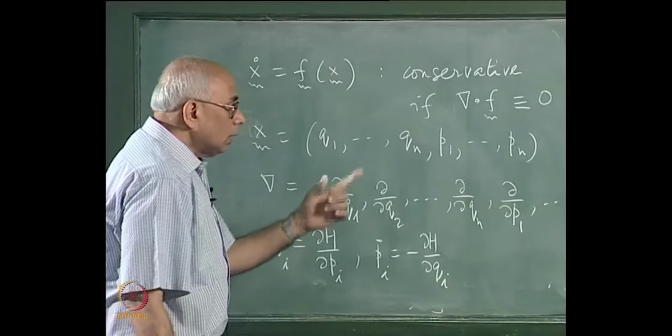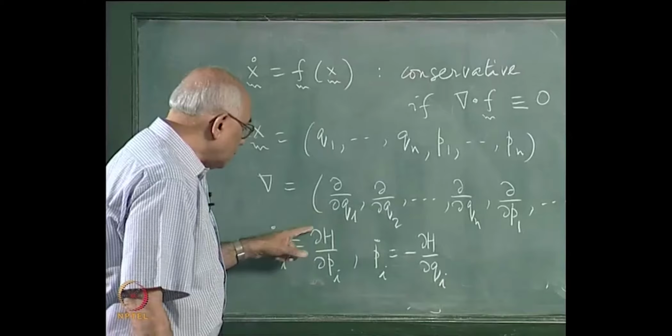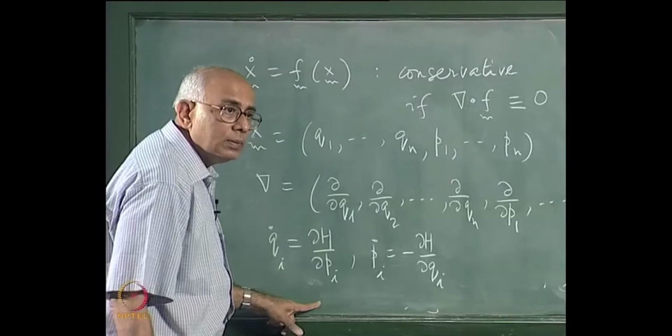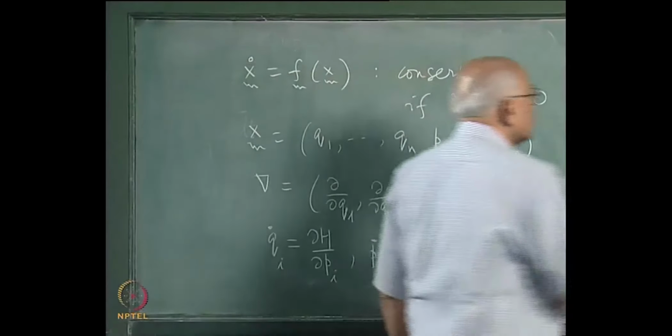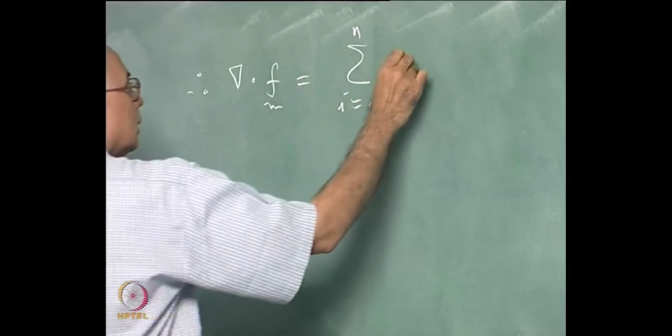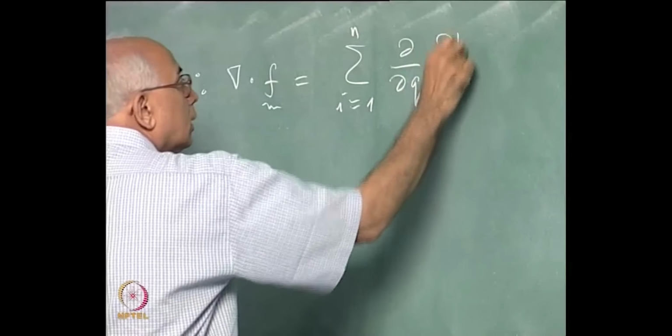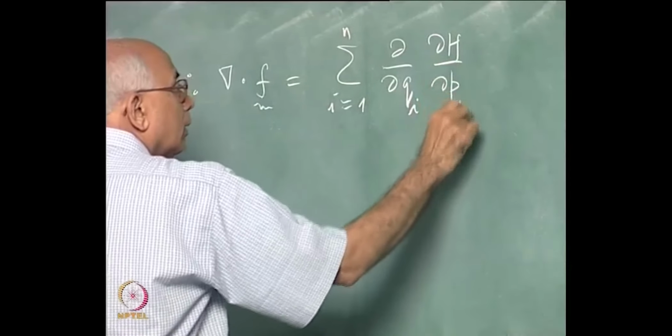It is equal to delta over delta q1 F1, but F1 is delta H over delta p1 and so on. So this is equal to a summation i equal to 1 to n delta over delta qi delta H over delta pi.